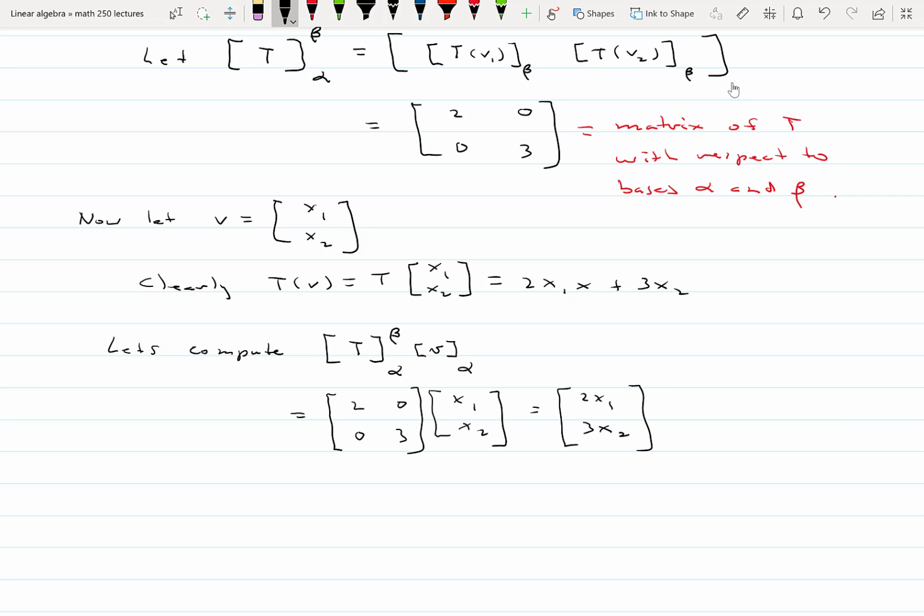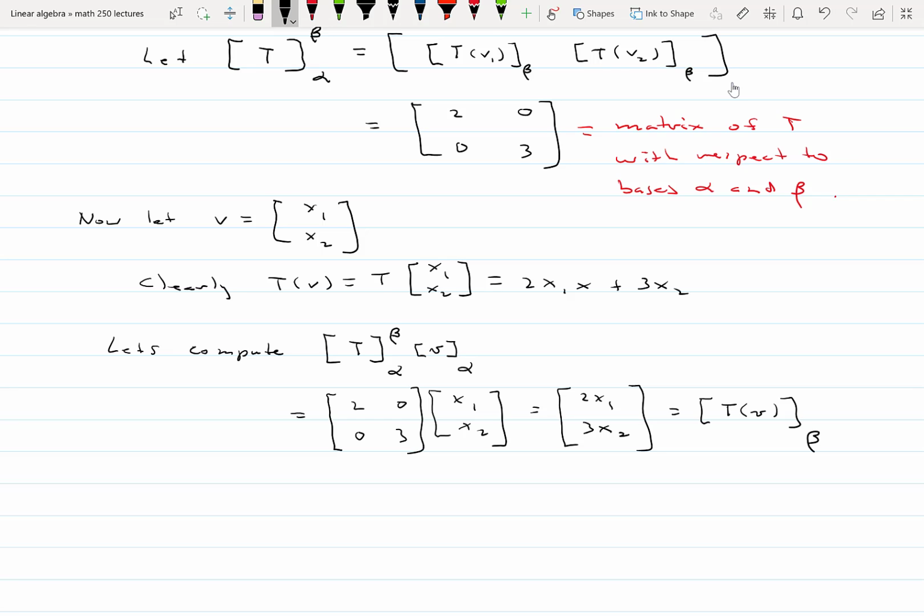Okay, now that's not the transformation T of V. What is it, though? This is nothing more than the coordinate vector of T of V with respect to the basis beta.